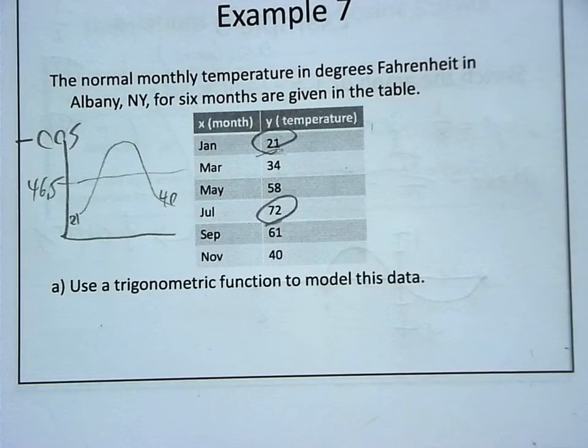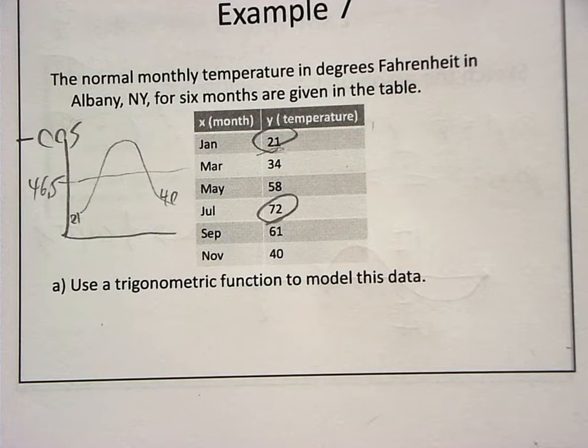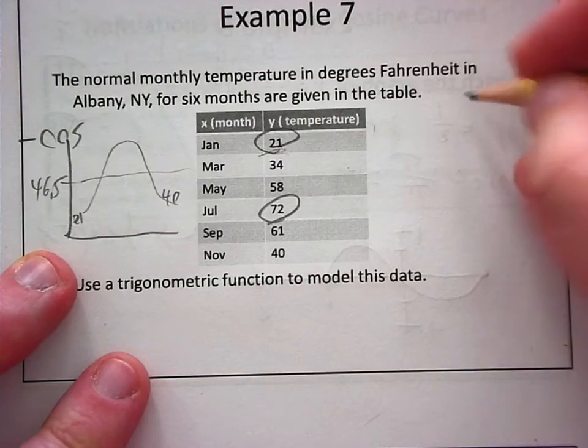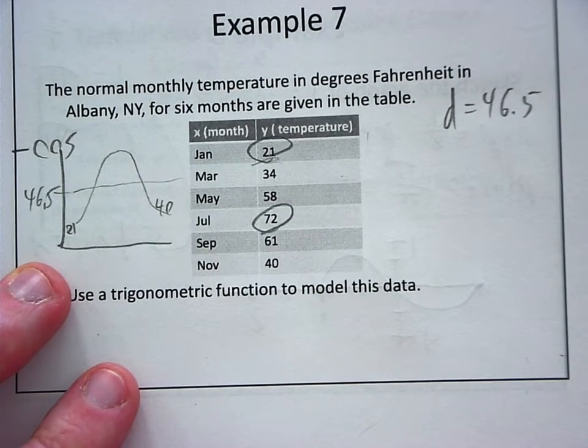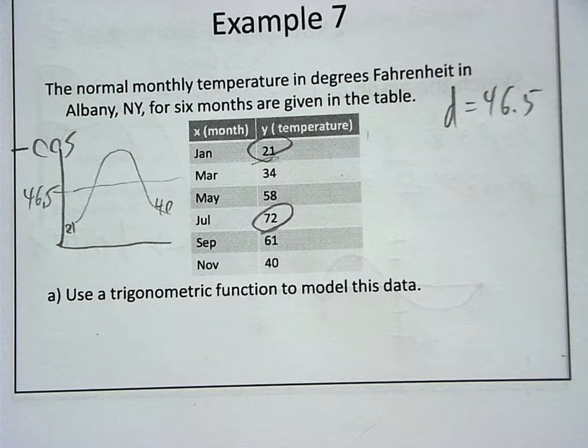What does that tell you? Yeah, you shift up from 0 at the default up to 46.5. So that value is just literally D. D equals 46.5. I try to avoid a phase shift if at all possible, just because that's the thing that usually makes them look the most complicated.